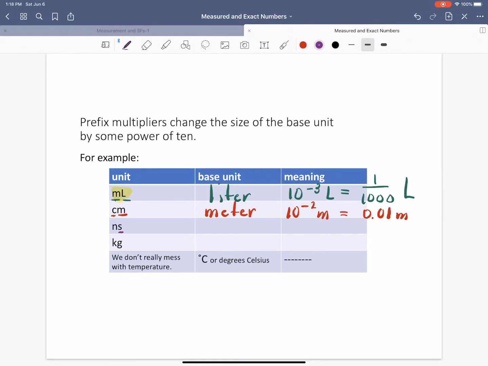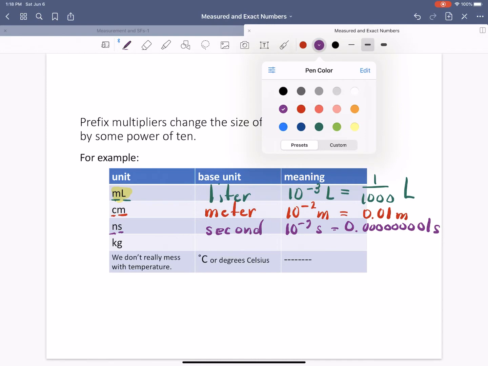In ns, the s stands for time, the base unit in seconds. And n stands for nano, and nano means 1 billionth, 10 to the negative 9 seconds. That has a lot of zeros. 1, 2, 3, 4, 5, 6, 7, 8, 1 seconds.